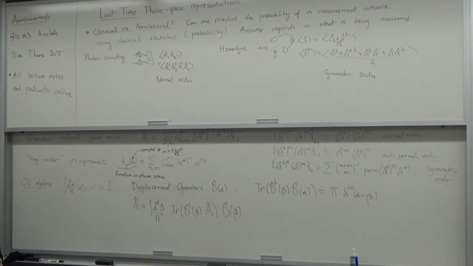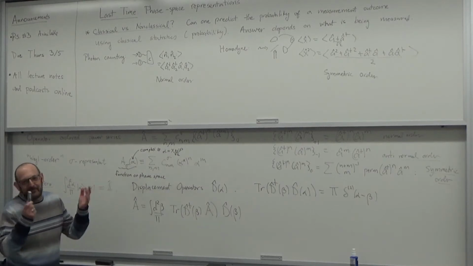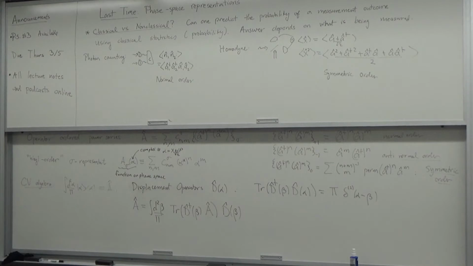All right, so we have a lot of algebra to do. We have a number of little relations here that we started to talk about last time, reminding ourselves of what we call the boson algebra, or the algebra of continuous variable quantum optics.